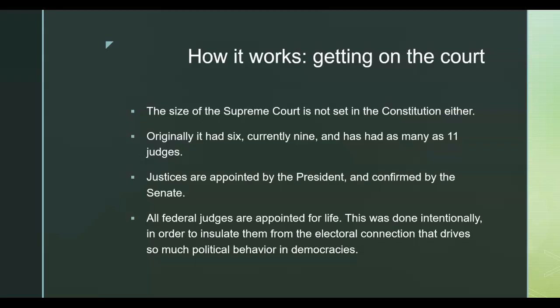Justices are appointed by the president and confirmed by the Senate, okay? All federal justices are appointed for life, not just on the Supreme Court. All the lower courts, the district and appellate courts as well, all those judges are appointed for life, okay? This was done intentionally to insulate them from the electoral connection that drives so much political behavior in democracies, right?